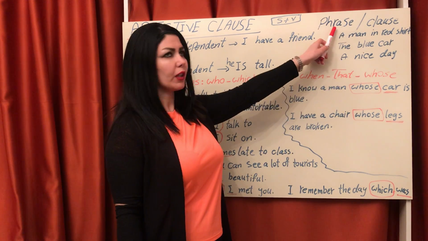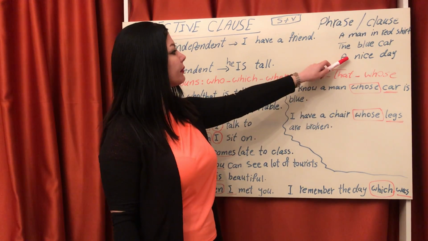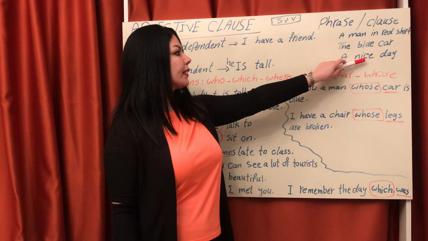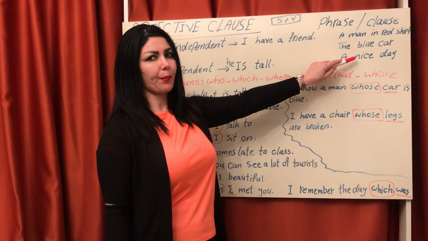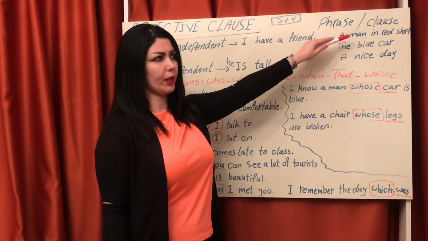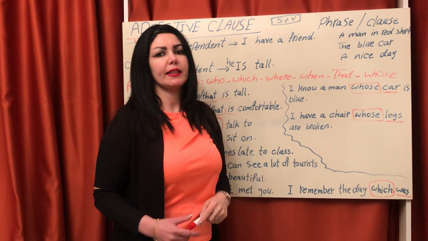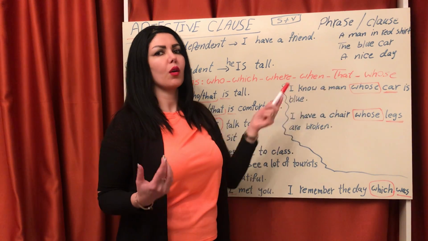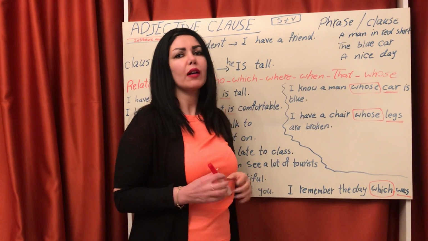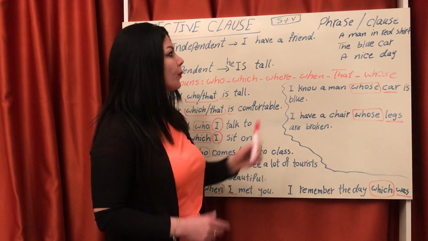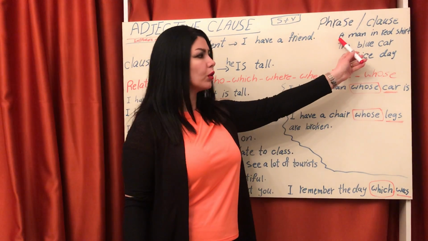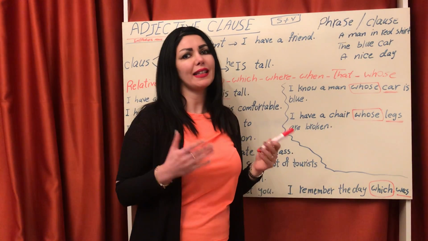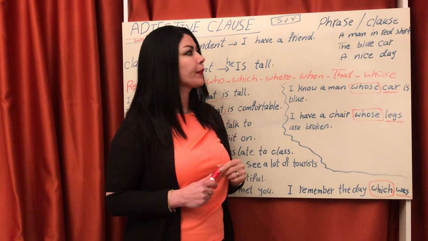This is also a phrase. A nice day. This example is the same as the other one. We don't have any verb, so we say that this is a phrase. Why? Because we don't have any verb. So a phrase is a group of some nouns and adjectives together.